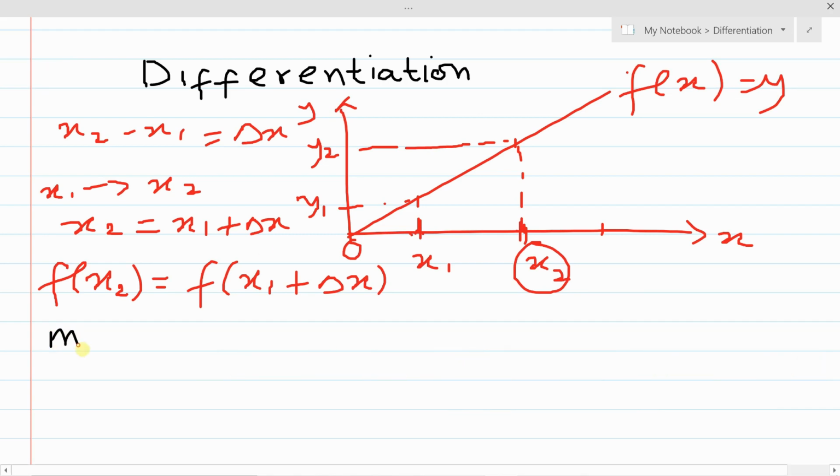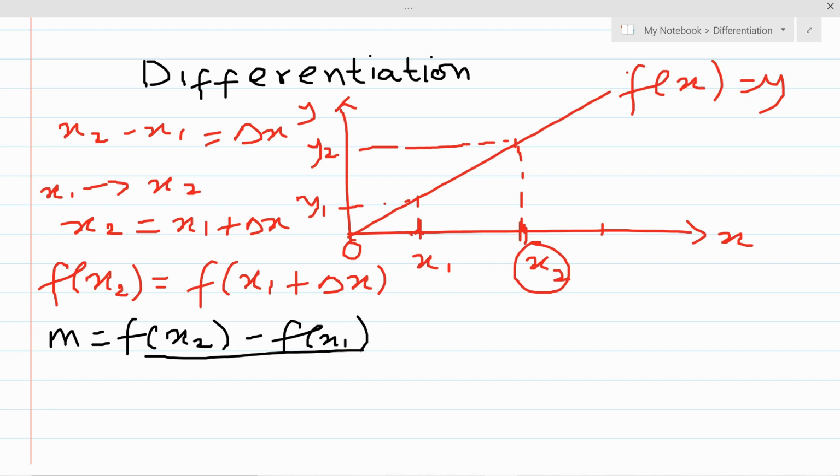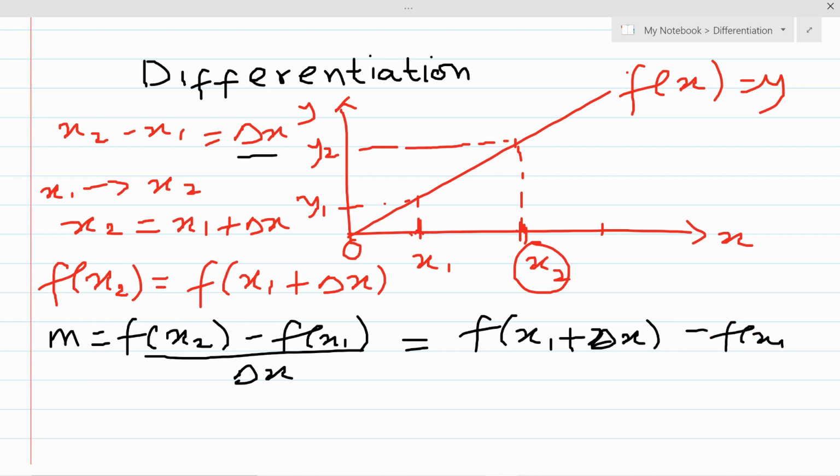I'm saying that our gradient is equal to f of x2 minus f of x1 all over x2 minus x1, that is delta x, so I can put it like this, and this is the same as f of x1 plus delta x, minus f of x1, all over delta x. That is the gradient. So the gradient of this function can be rewritten in terms of x as this.